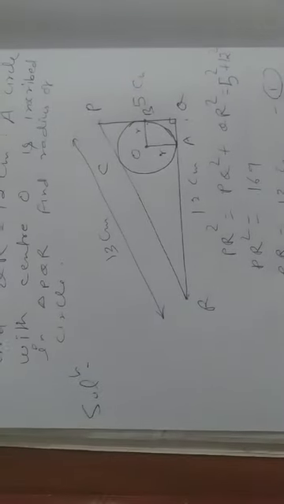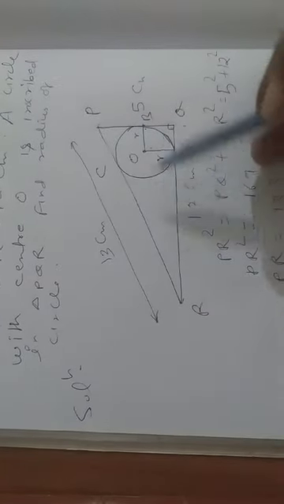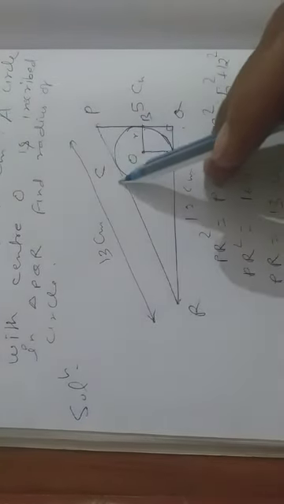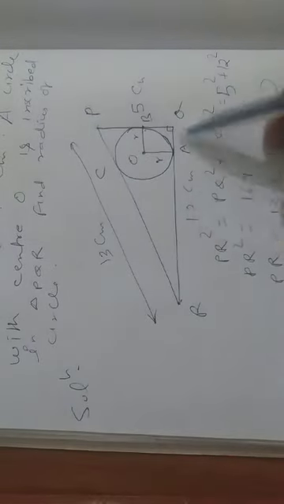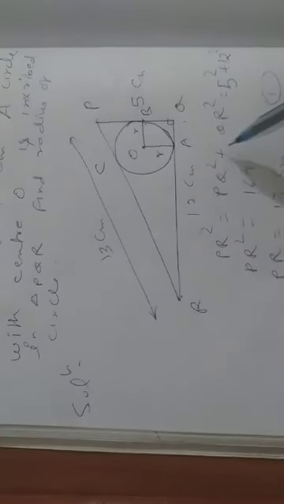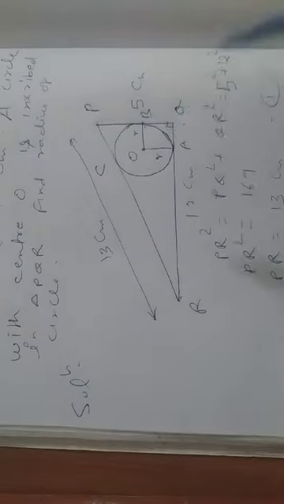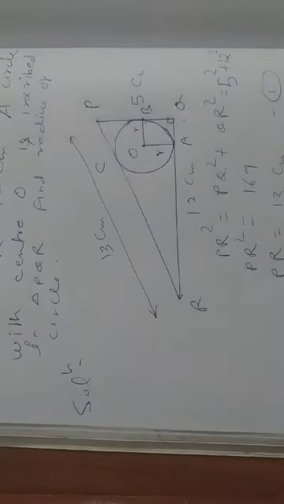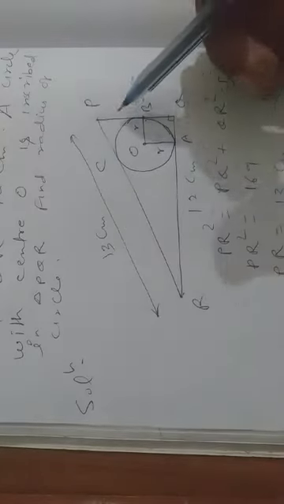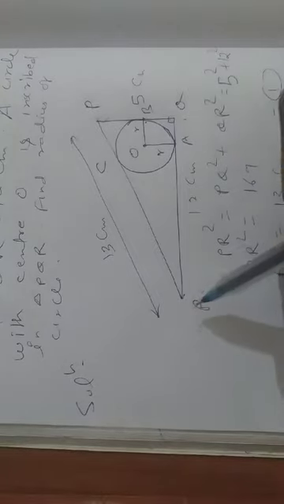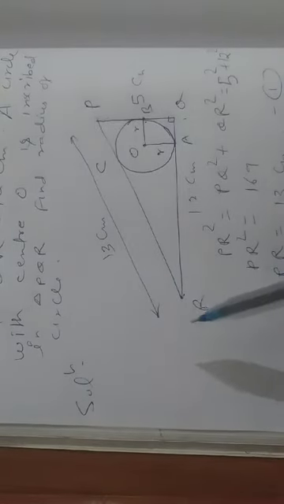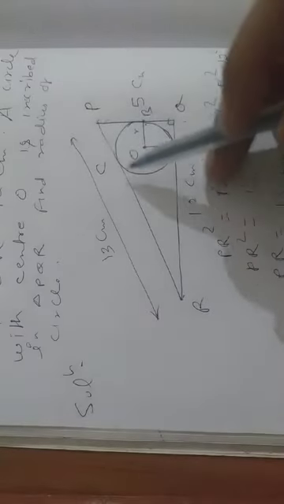Dear students, consider this figure. Since this circle is inscribed in this right angled triangle, at point Q there is a right angle. So dear students, these sides PQ, QR, RP are tangents to this circle.